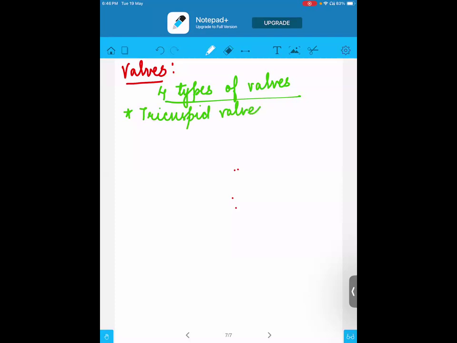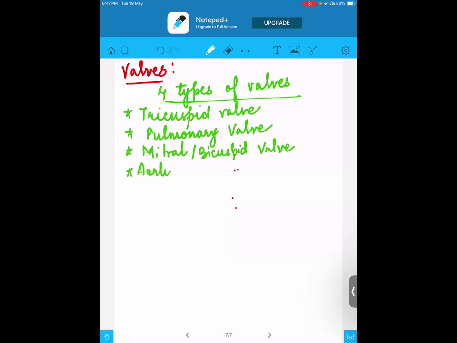The second one is called the pulmonary valve. The third one is called the mitral valve, or it is also called the bicuspid valve. And the last valve that is present is called the aortic valve.